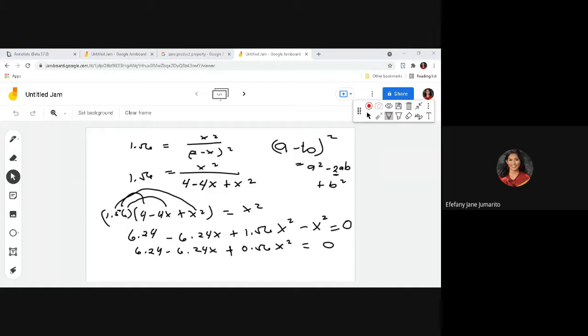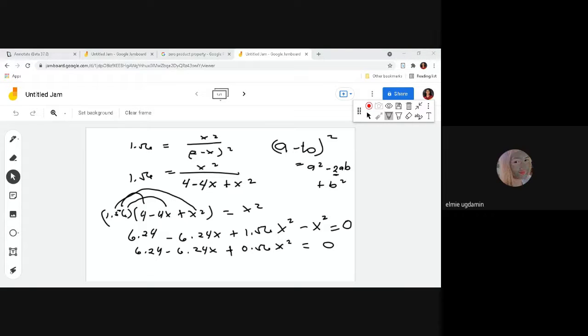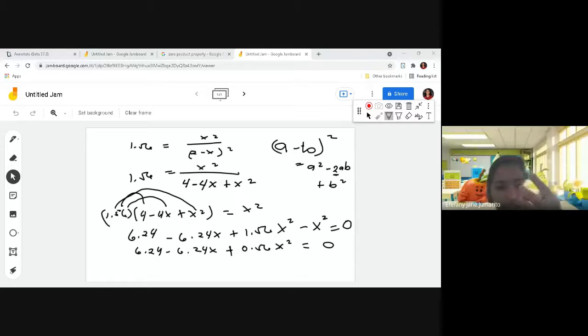Class, see here is my calculator. Can you see it? Yes, ma'am, scientific calculator. All right, let's use this one. Using this calculator is a nice thing because there are many calculators here.